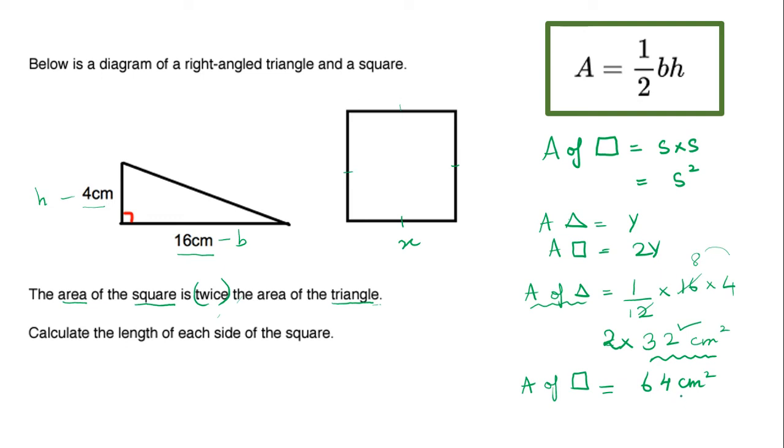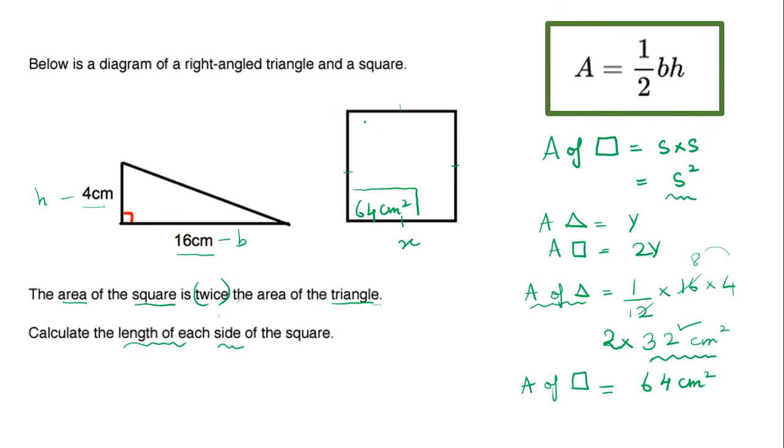Now once I have that, the next question is calculate the length of each side, which means that this square right here, if it is the whole thing, is 64 centimeter squared. So if I have to find one side of this square, as I already told you, s squared is the formula for area of the square.